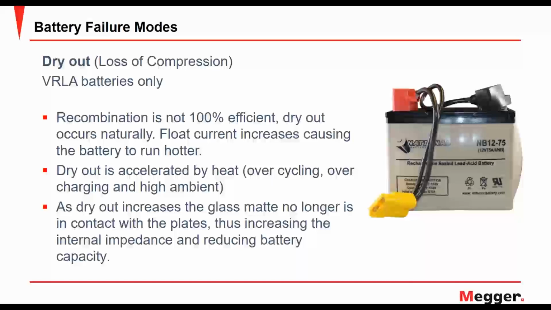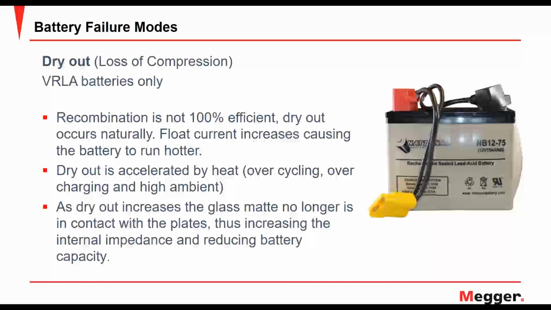But this process is not 100% efficient. So basically, in the end, the battery will be drying out of water. That's why I call it dry out. And it's a natural process that will happen to the battery over time.